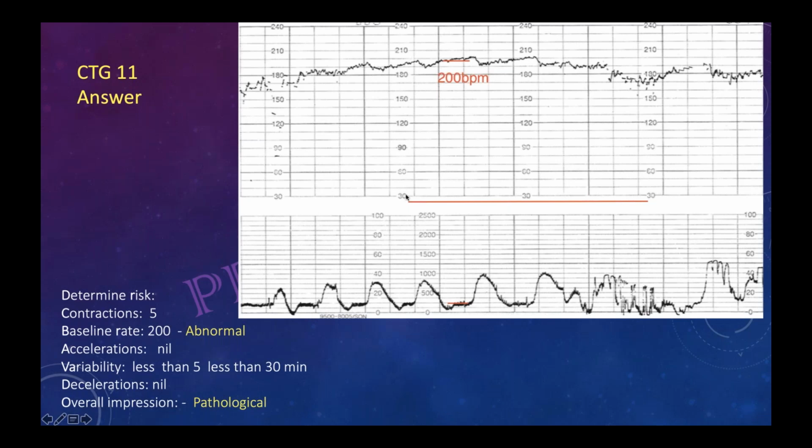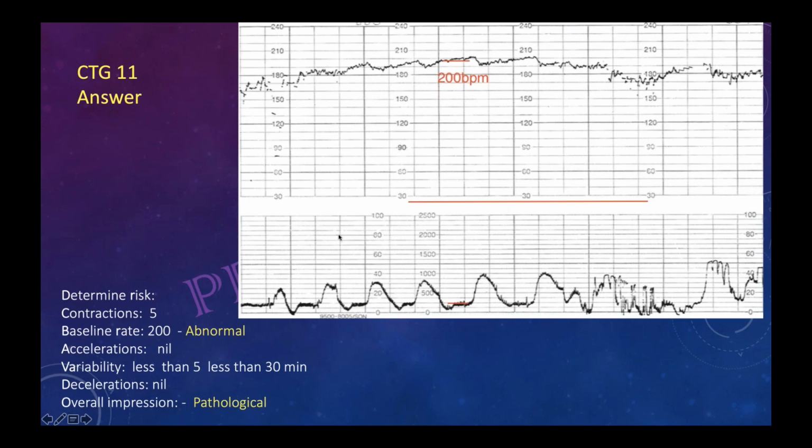This is a 10-minute trace. If you count contractions, it will be 4 to 5. Now come to the baseline. This is a part of the CTG where there had been no uterine contraction. Go up and see: here baseline is maybe 200. If baseline is more than 180, it is an abnormal feature, so you put it here as abnormal. Acceleration is not there.